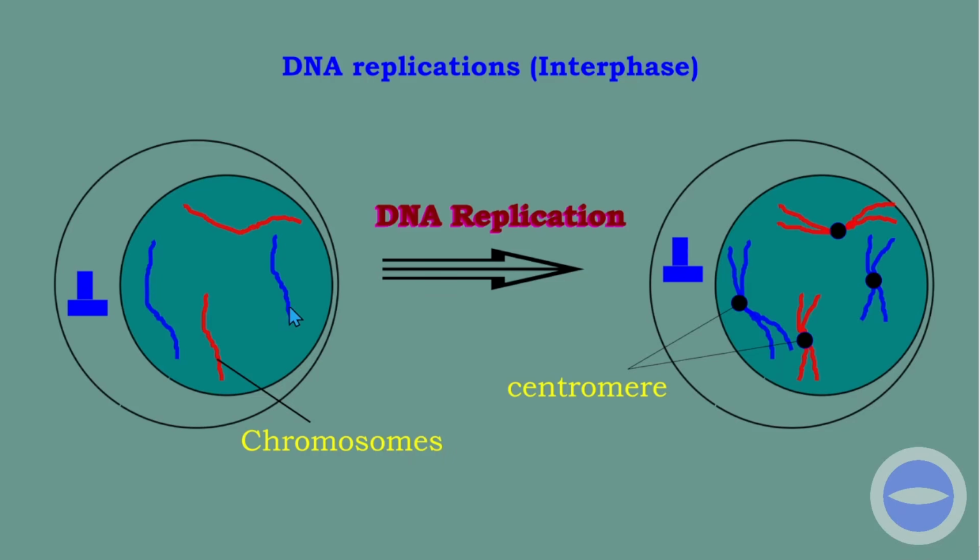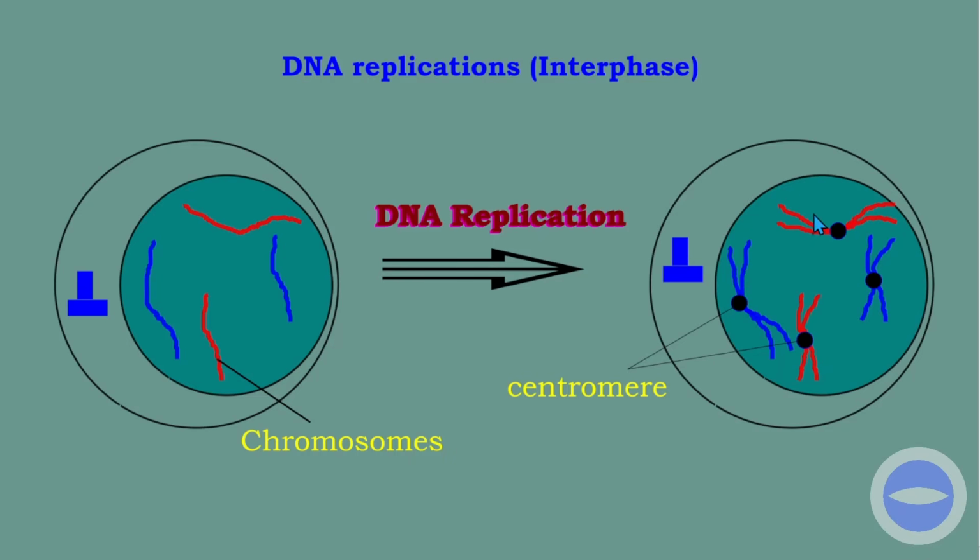What happens is we have a single thread chromosome. Then when DNA replication takes place, we end up with a double. If you can see here, these are double or replicated chromosomes. The sister chromatids are held together by the centromere.